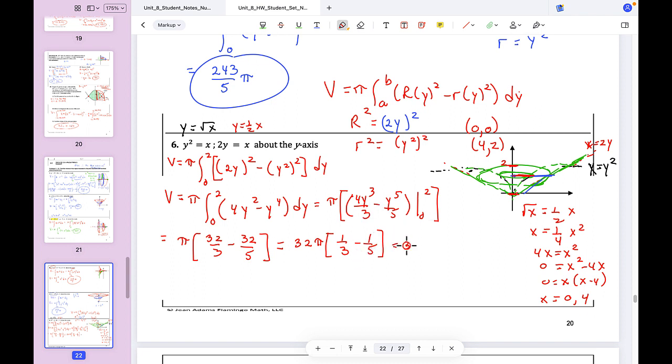So that's going to be 32 pi times 5 over 15 minus 3 over 15. So we get 32 pi times 2 over 15, which equals 64 pi over 15. Okay.